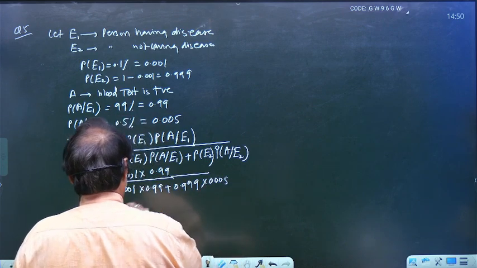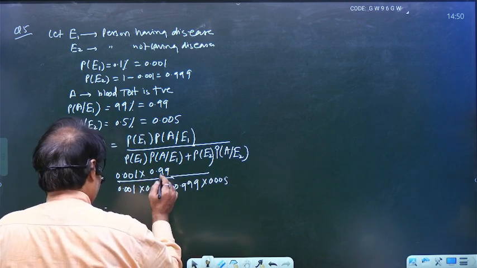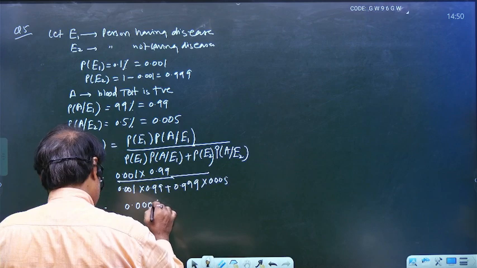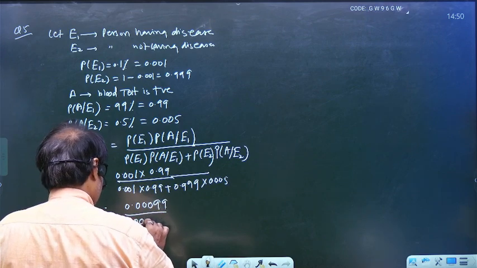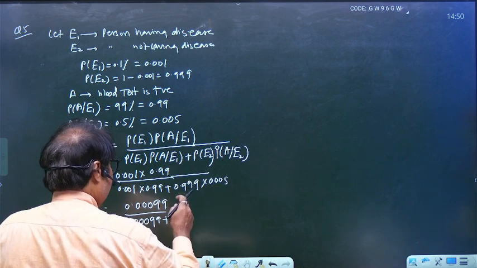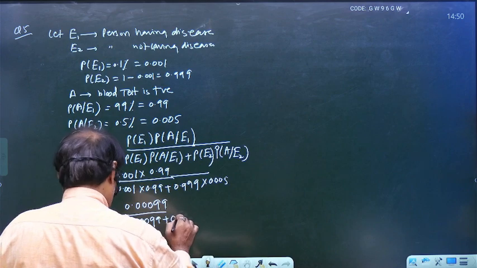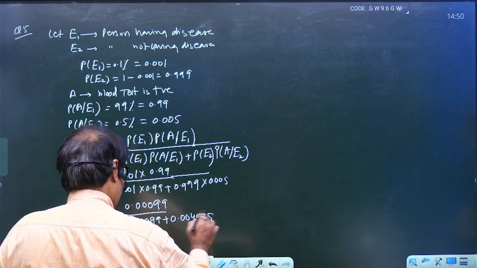0.005. Okay. So after the multiplication, it should be 0.00099 divided by 0.00099 plus 0.004995.